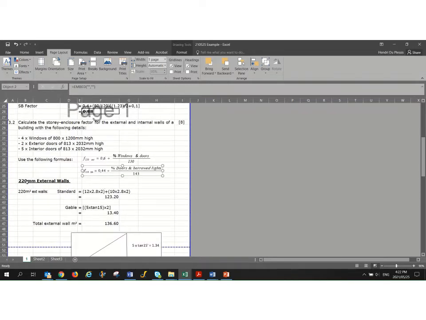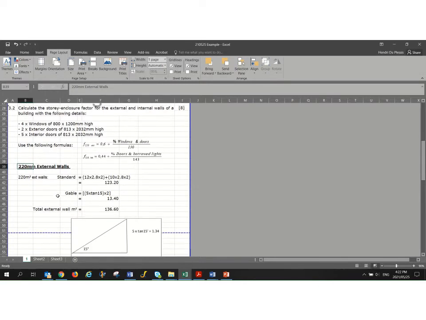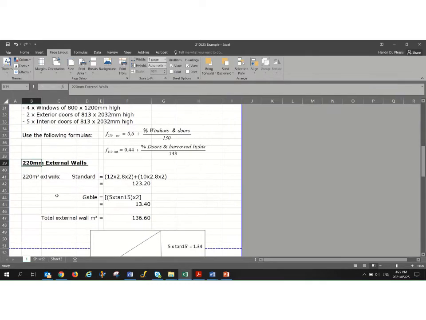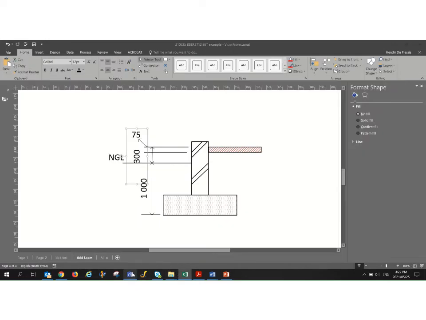Okay, so let's first look at our 220 millimeter wall. You can see here that we've put in the standard for the square meter area for our external walls. So that is now, if we go back to our drawing, let me just put on this one.